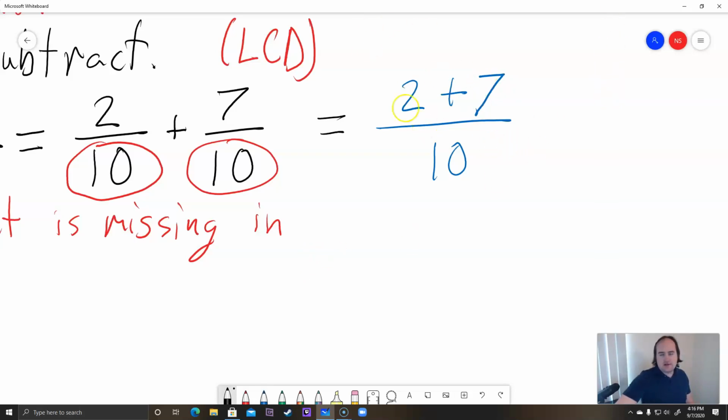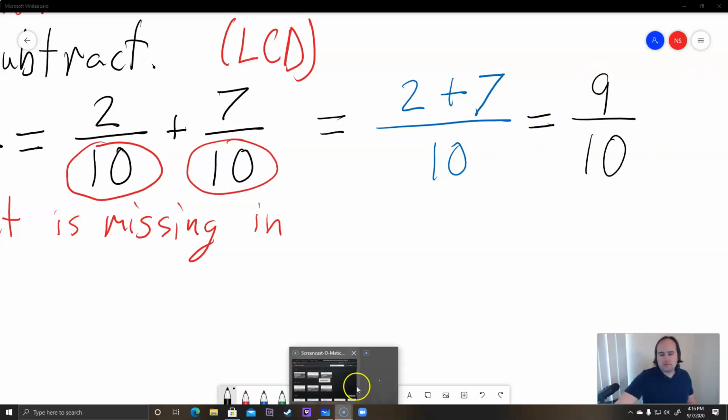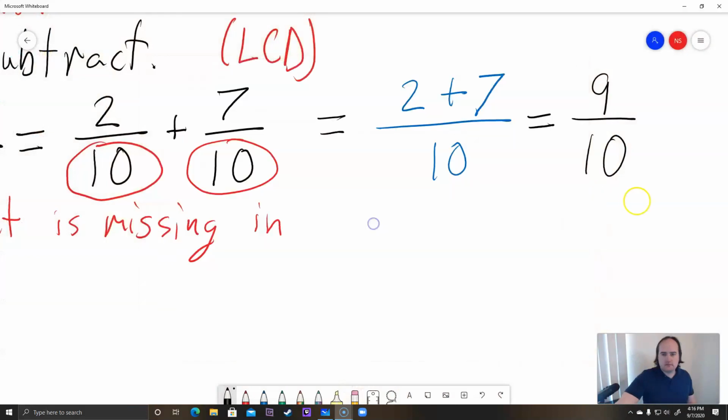We know that 2 plus 7 is actually 9. So we get 9 over 10. And because this fraction is already simplified, we're done. Okay, so our answer is 9 over 10, or 9/10.